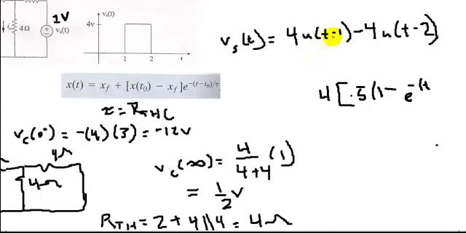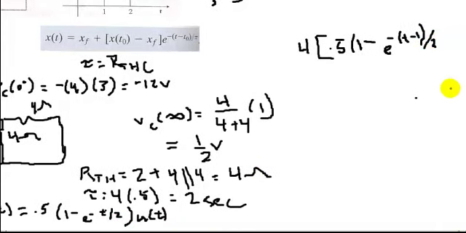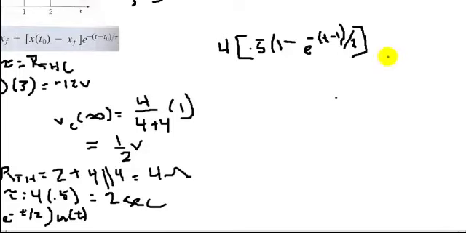By this t minus 1, divided by this 2. And over here this u of t, we also delay it by 1, so times u of t minus 1.